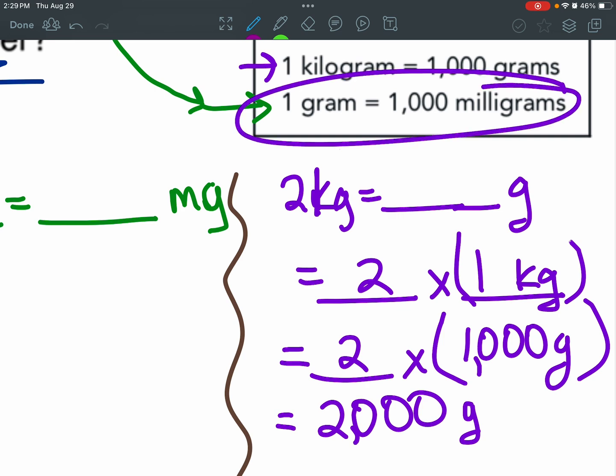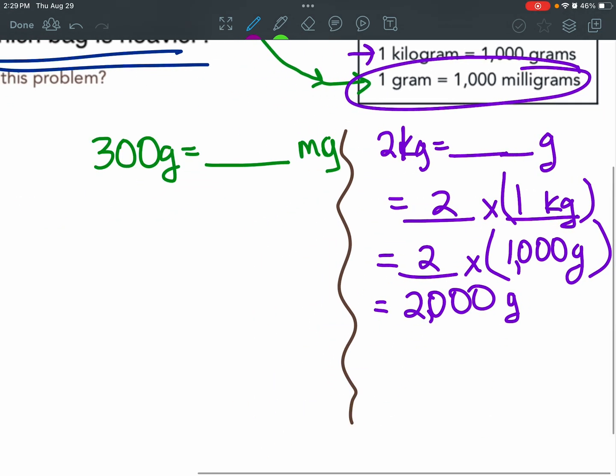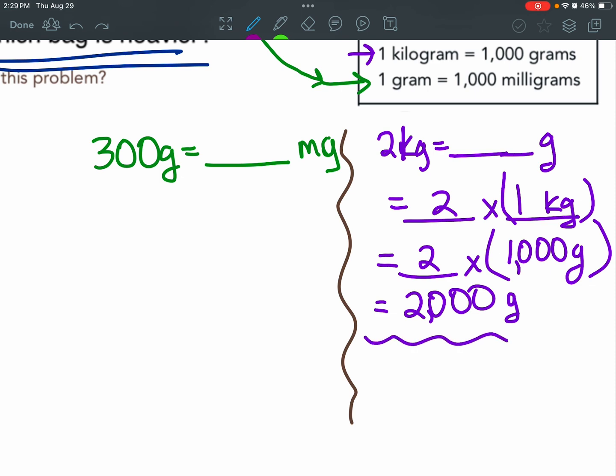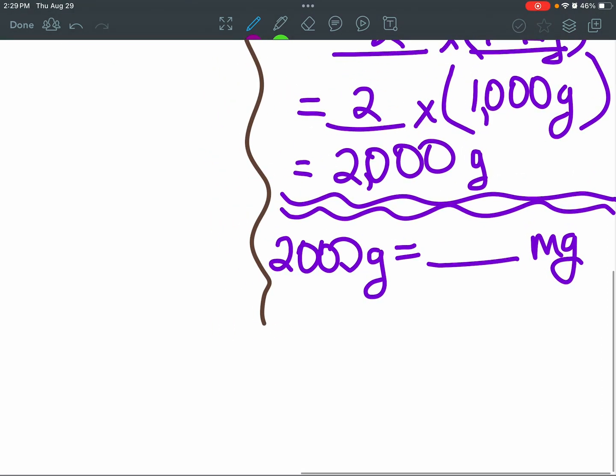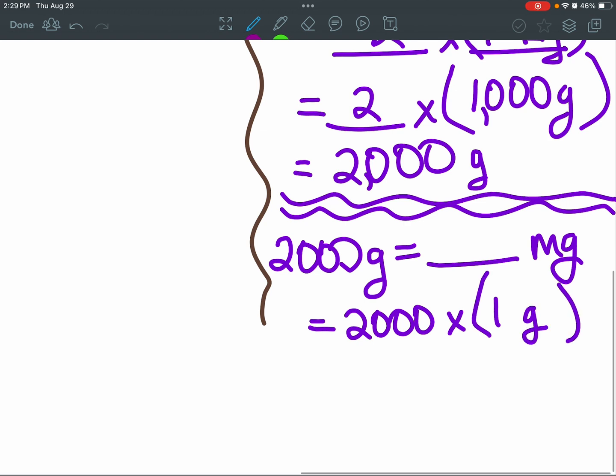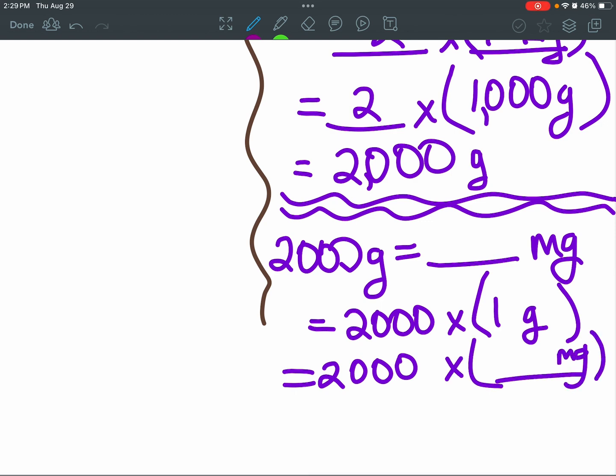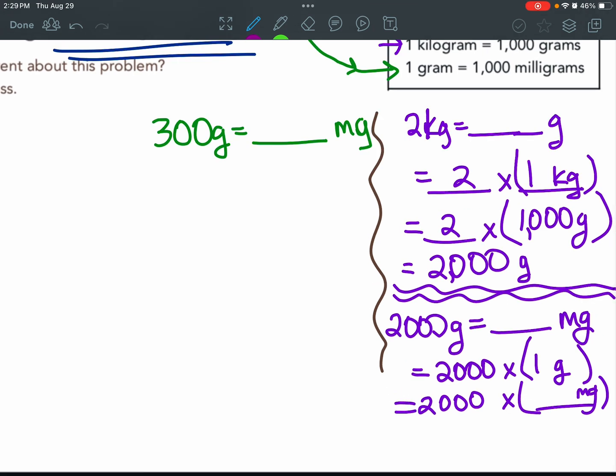And now we can use this measurement right here and convert it to milligrams. So that would be 2,000 times our conversion factor of 1 gram. And 1 gram equals how many milligrams? It says 1,000.